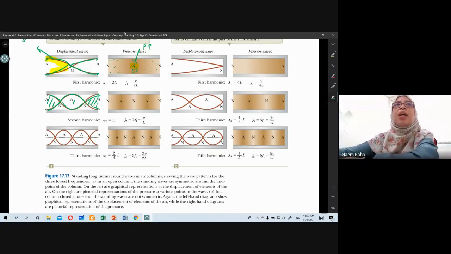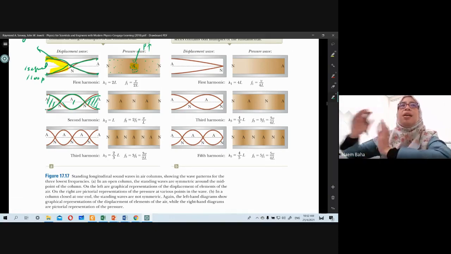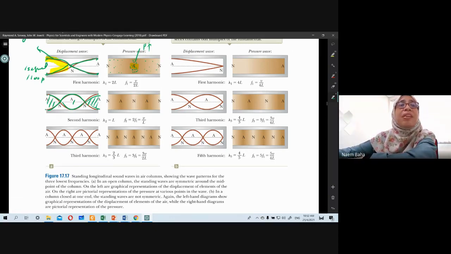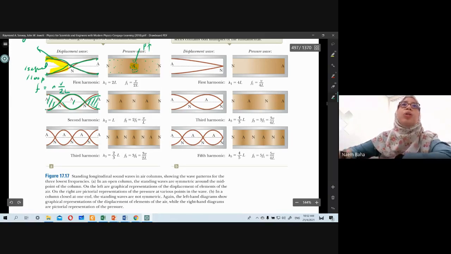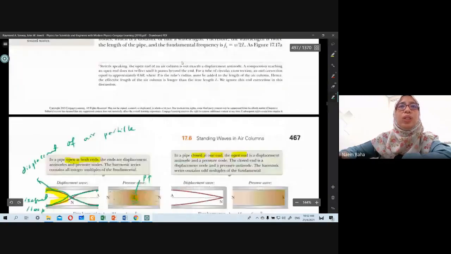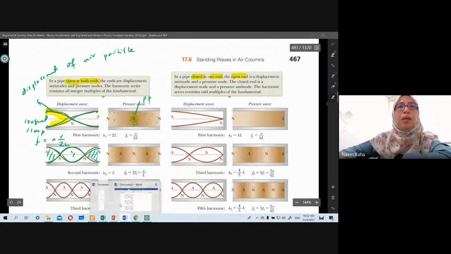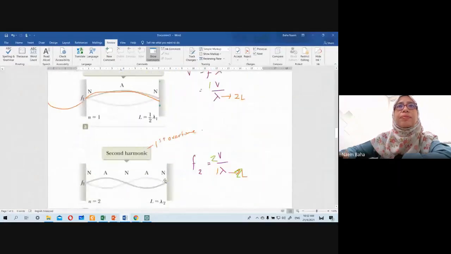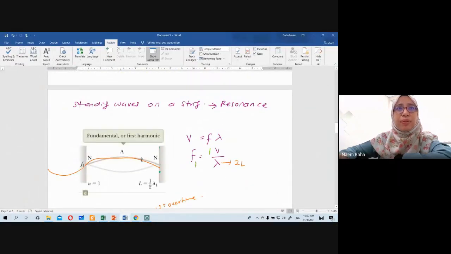Since this is one segment, one loop, it has a very similar shape as the previous one, which is f equals v over 2L, belonging to the string. That's one segment, a loop.